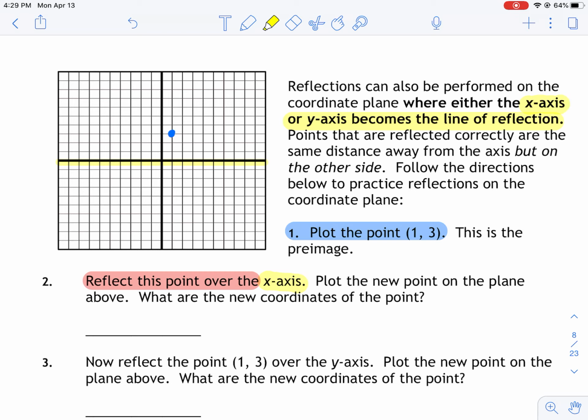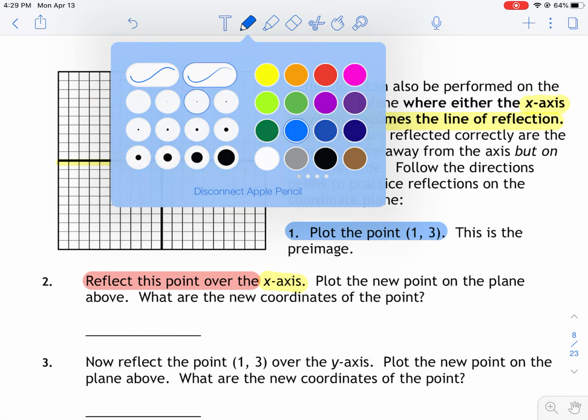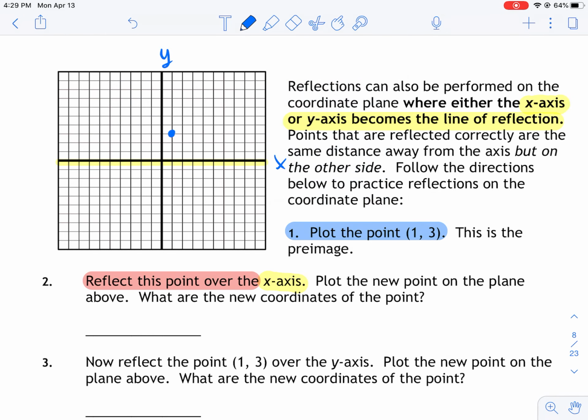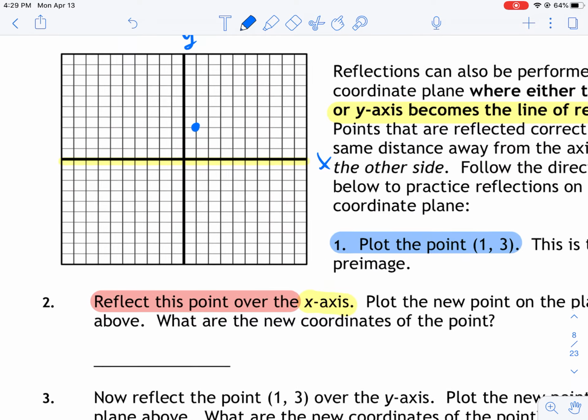If you reflect over the wrong line, you might get the right-looking reflection, but I can't give you full credit for that. The way to remedy that is to mark which line you're supposed to reflect over. Remember, this is the x-axis right here, and this is the y-axis right up here. So make sure you reflect over the correct axis.